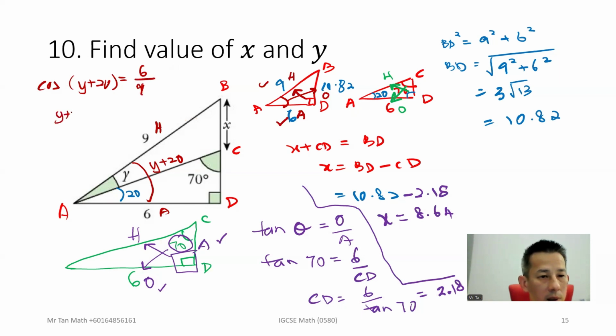So Y plus 20 is equal to cos inverse of 6 over 9.